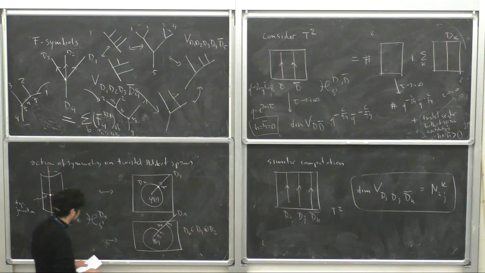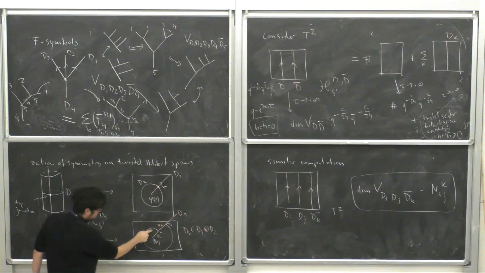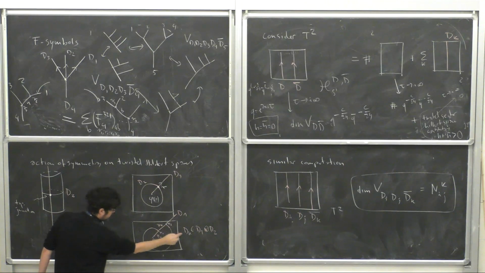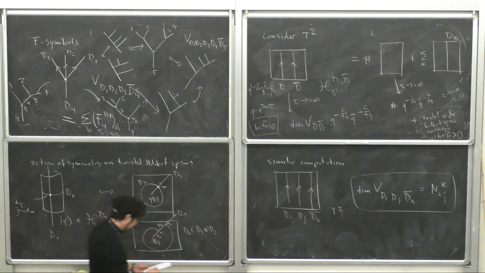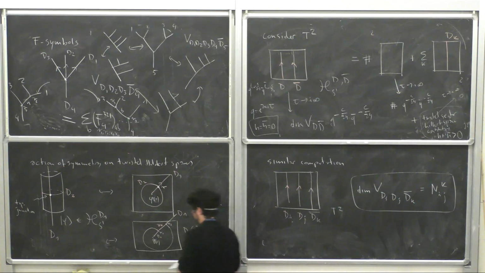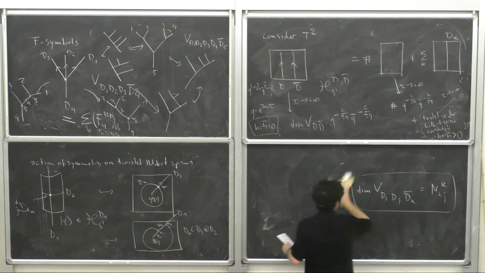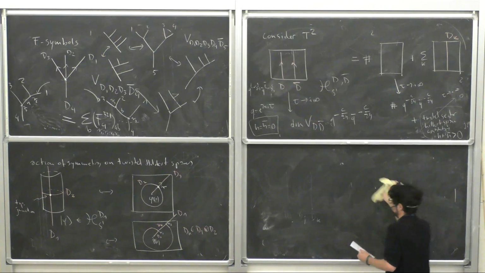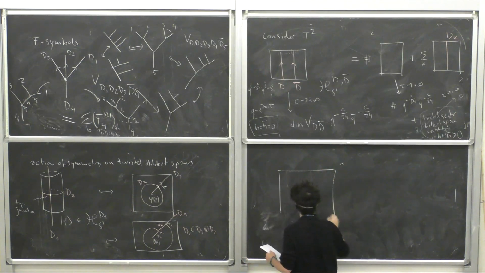So if you want to understand how your topological symmetry acts on the twisted Hilbert space, this is encoded by the F symbols that are capturing this resolution, no? More generally, you can have actions of this type.